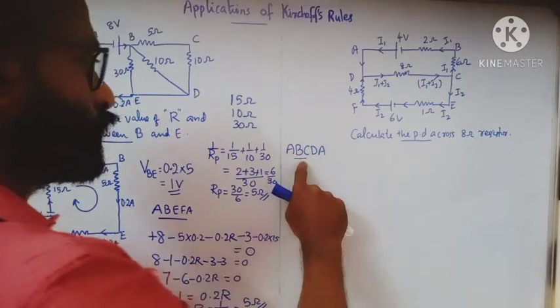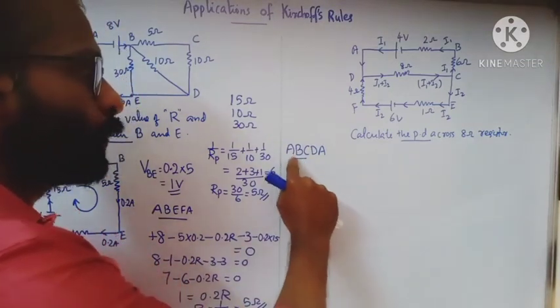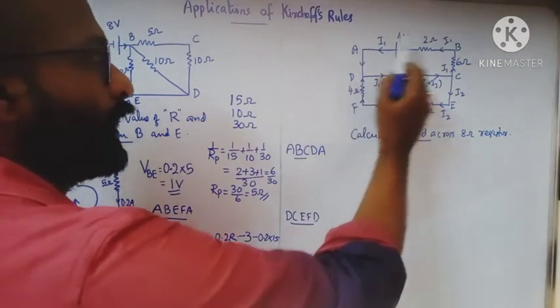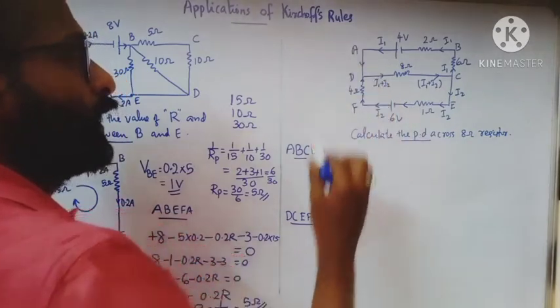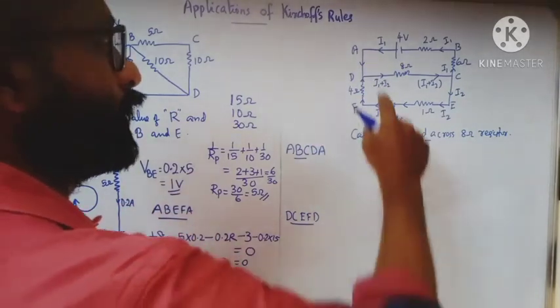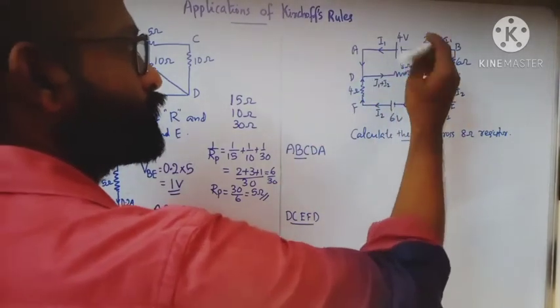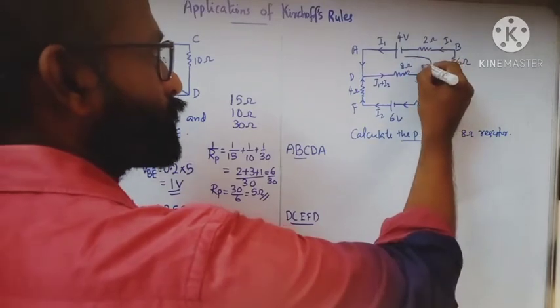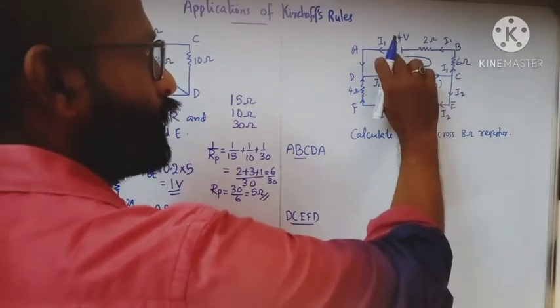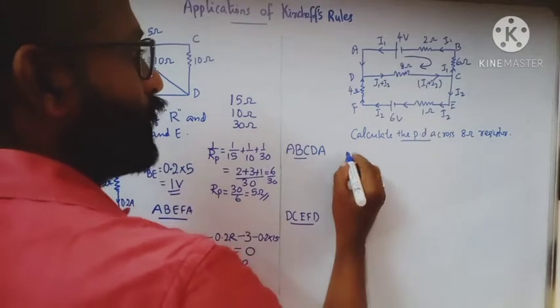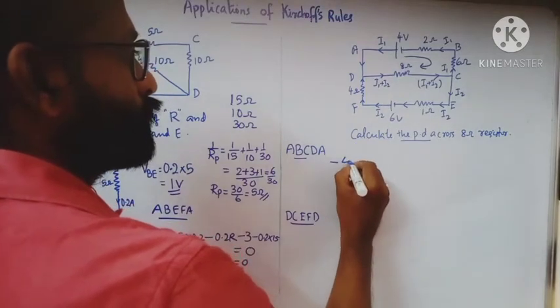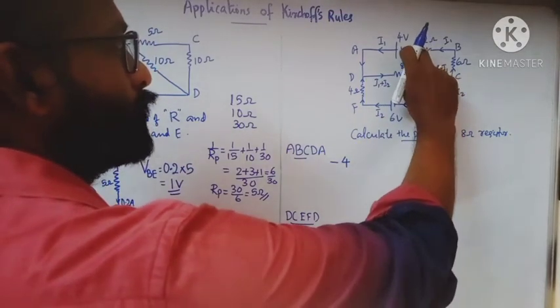So to apply Kirchhoff's law, we take a loop A, B, C, D, A. In this loop, we start from the cell as we traverse. We traverse in the clockwise direction like this, plus to minus. We can take the voltage minus 4. Okay, then 2.